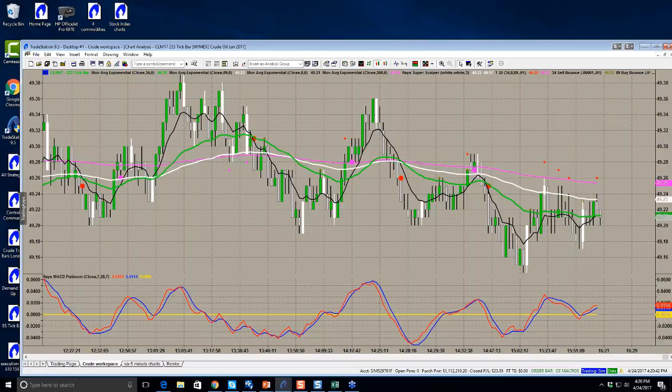We would then be looking for a short position in the direction of the moving average.